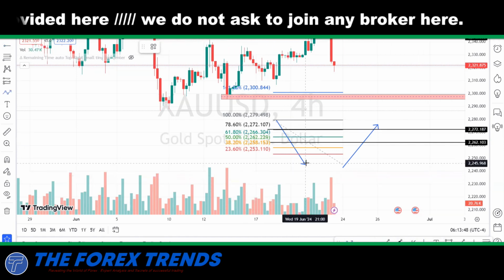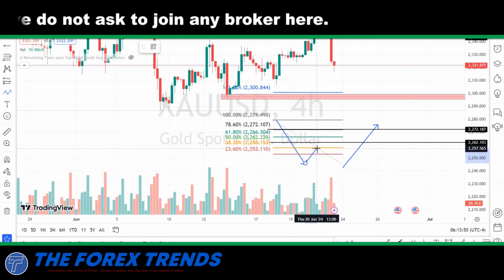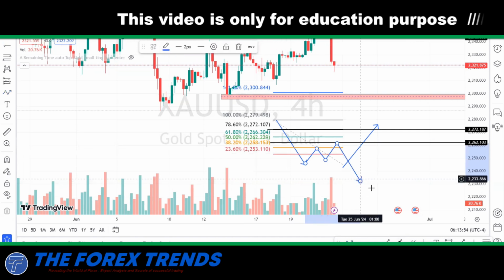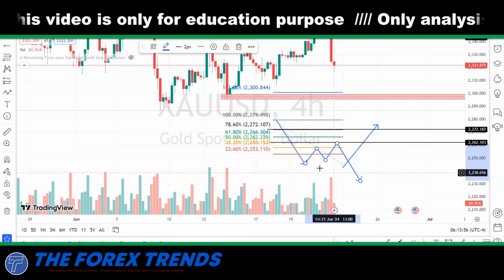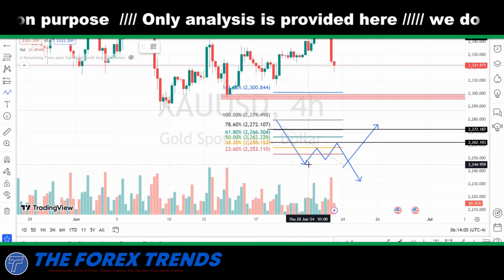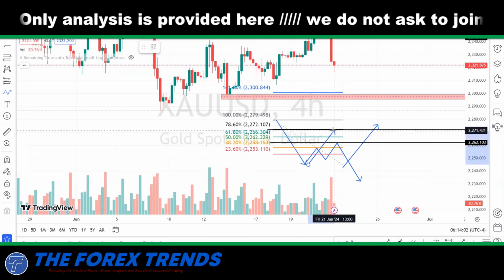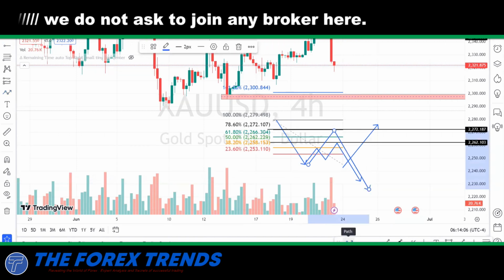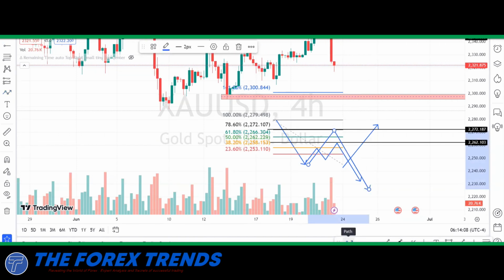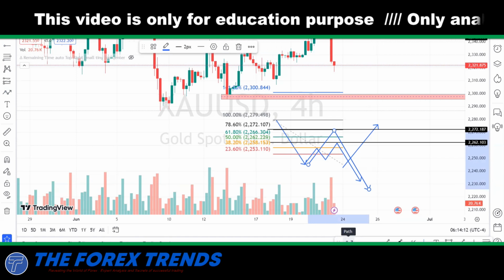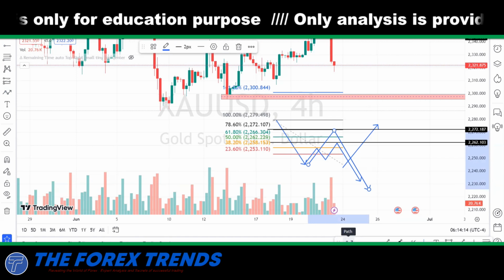Market needs to retrace up to this level and create another impulse. Either the market creates another impulse from the 50% level, or the market creates a correction up to 78%, that is the OTE level, and then creates another impulse. These are the rules of Fibonacci and the way to utilize Fibonacci.